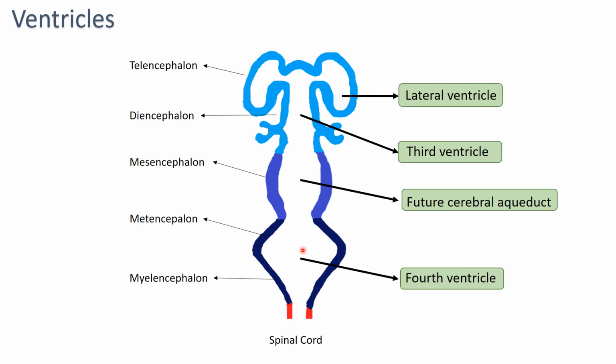So to summarize what you see in this image, the lateral ventricles of the telencephalon link with the third ventricle of the diencephalon, which is connected via this cerebral aqueduct of the mesencephalon to the fourth ventricle of the myelencephalon, which later continues as the central canal of the spinal cord.